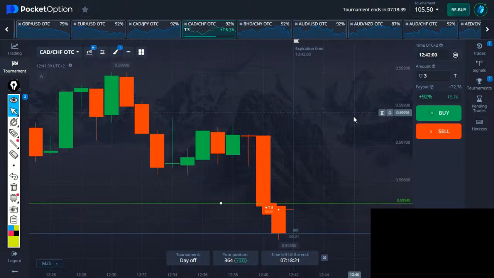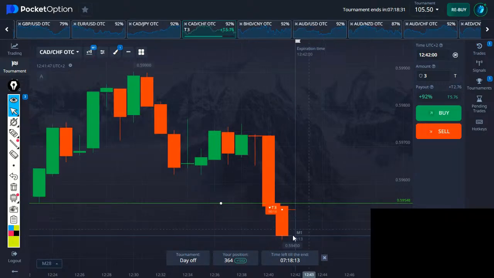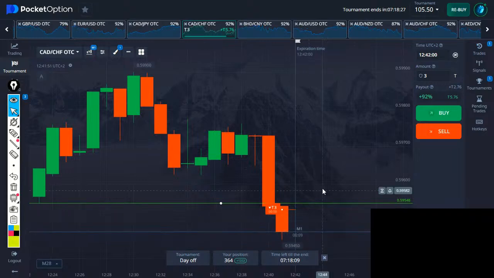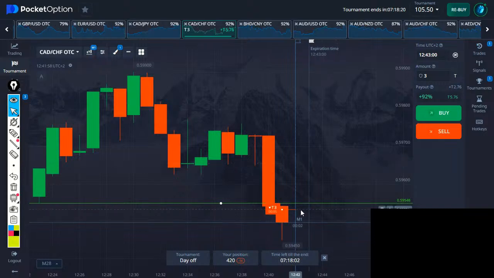So whenever I take a trade, if it's at the beginning of the 1 minute, it will go for 1 minute. For example, if I take a sell right now, it will go for 11 seconds. This is for me to capitalize on safety margins. If I have a safety margin, I can use this form.